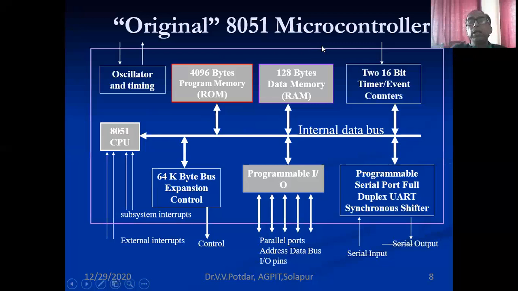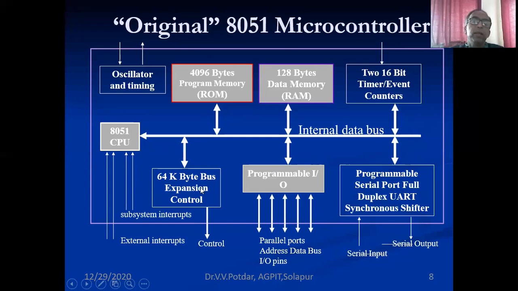The original 8051 microcontroller: you have oscillator with a timer, then you have program memory, ROM, you have data memory, RAM, 128 bytes of data memory and 4096 bytes of program memory. Then you have two 16-bit timer or event counters, and then you have the CPU of this 8051.